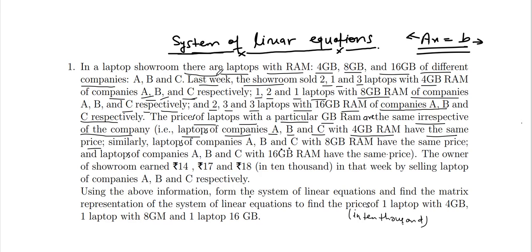Similarly, laptops of companies A, B, and C with 8 GB RAM have the same price, and laptops of companies A, B, and C with 16 GB RAM have the same price. The owner of the showroom earned rupees 14, 17, and 18, all in 10,000, in that week by selling laptops of companies A, B, and C respectively.